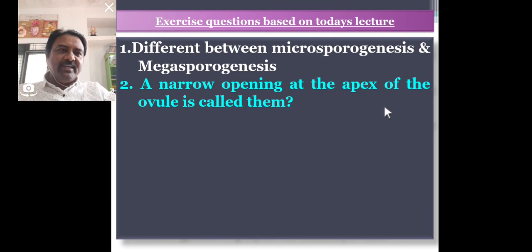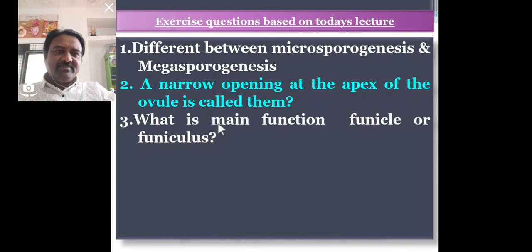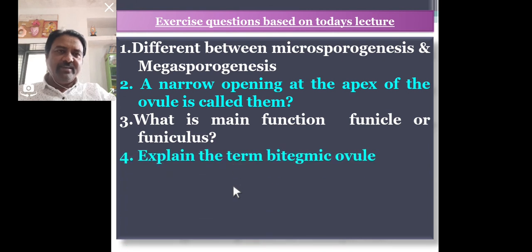A narrow opening at the apex of the ovule is called the micropyle. Next, what is the main function of the funicle or funiculus? You know that the funicle or funiculus is the stalk of the ovule, which provides nutrition or nourishment from the placenta to the developing ovule body.